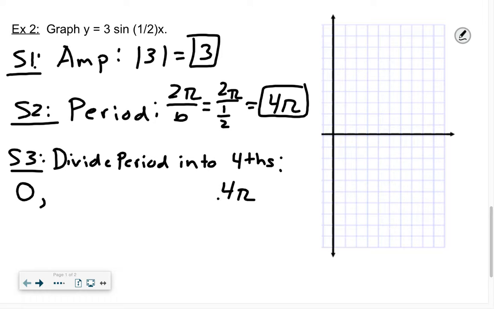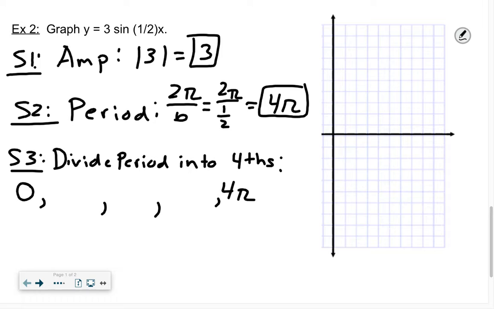Here it was 4 pi. So I would do it this way, 0 to 4 pi. And then if you're going to divide it into fourths, just like your box and whisker plot, how many points did we find? 5, correct? Your min, your max, your median, your lower and upper quartiles.